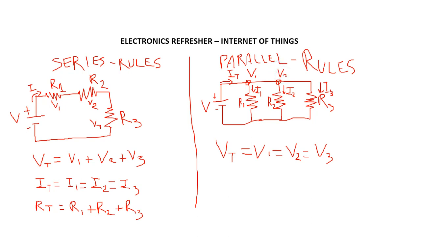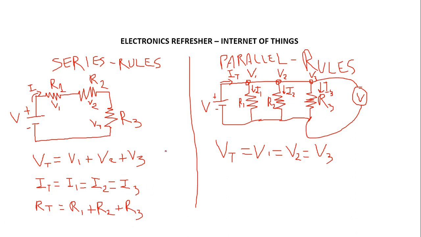Here you will have the voltage 2, the voltage 3. So if you want to measure, you have to put your voltmeter here and here, because here it's the negative and here we have the positive value.